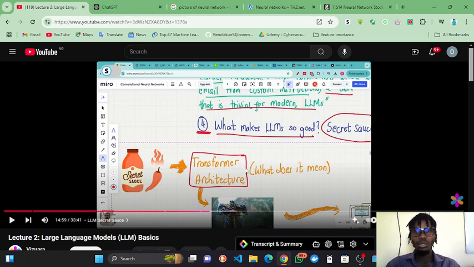Transformer architecture. If you can deeply understand what transformer architectures are, and maybe write your own or do a custom transformer architecture, then you can make an LLM behave in a certain way.